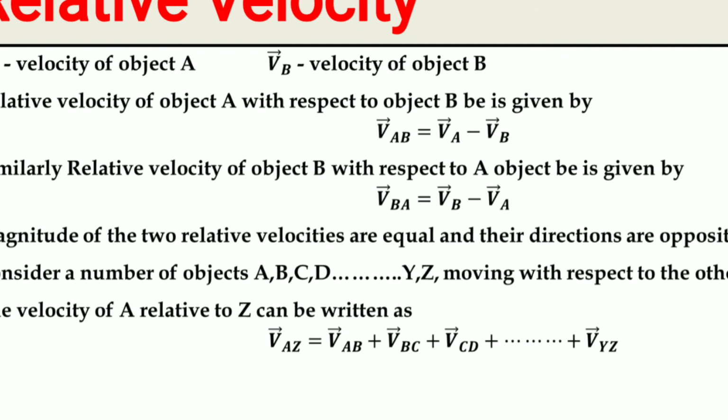If you consider more than two objects, A, B, C, D up to Y, Z, moving with respect to each other, how will you calculate the velocity of A relative to Z? It can be written as V bar AZ is equal to V bar AB plus V bar BC plus V bar CD up to V bar YZ. By this way you can calculate the relative velocity.